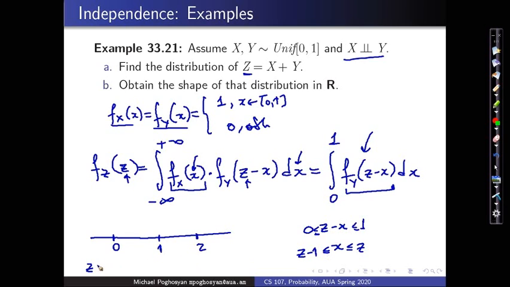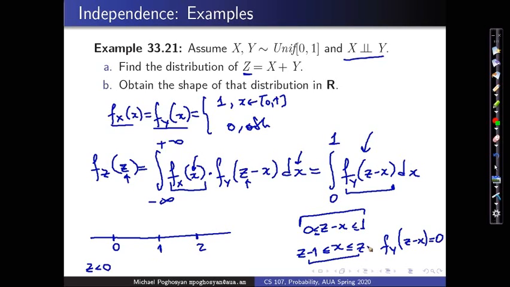Okay, so let's consider several cases. If z is less than 0, then x is less than 0. This is the part where f Y is non-zero, equal to 1. Outside of this interval, f of y at z minus x will be 0.